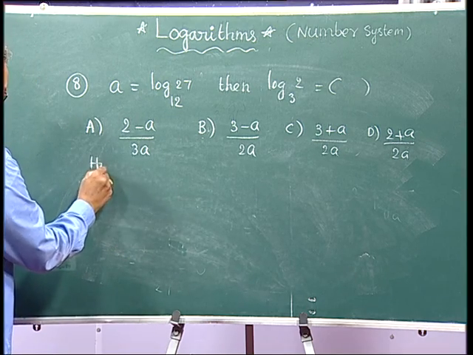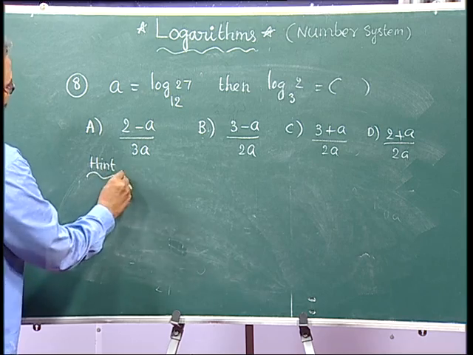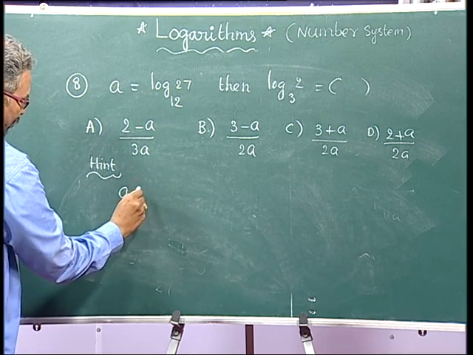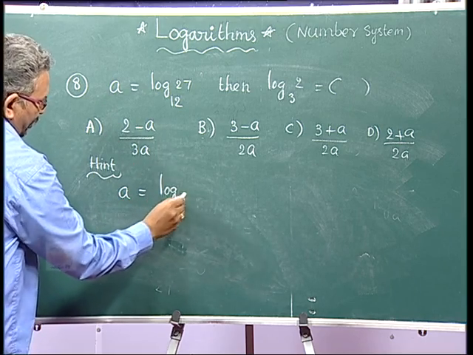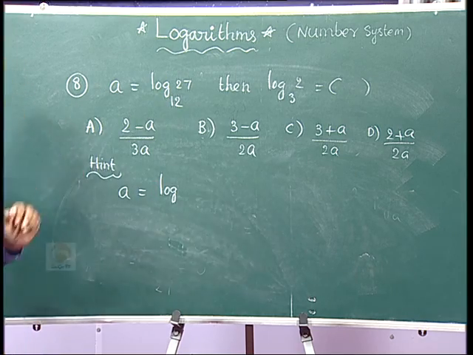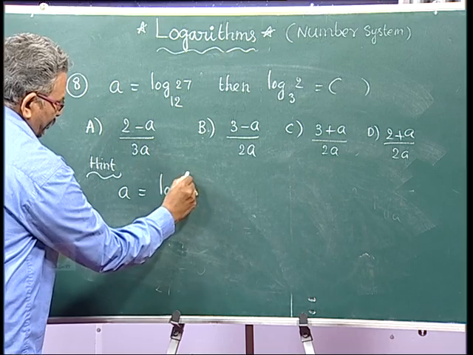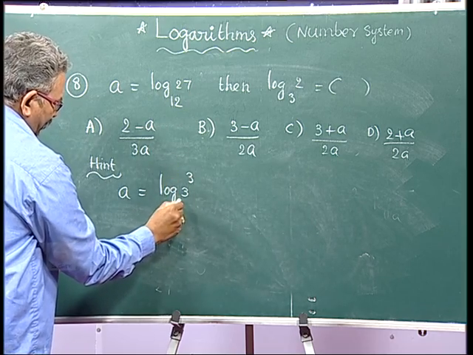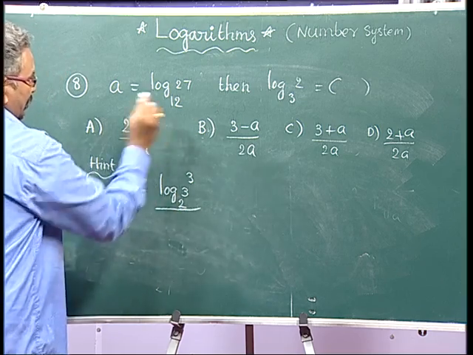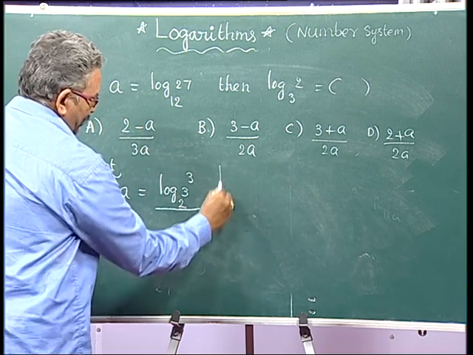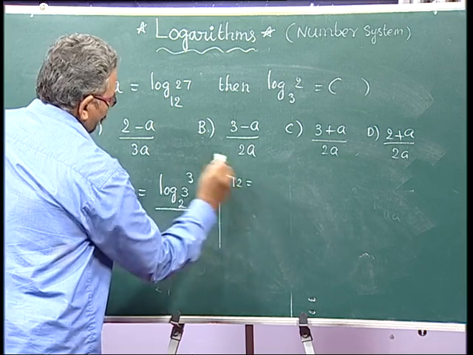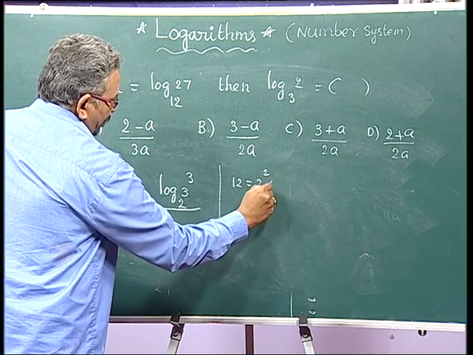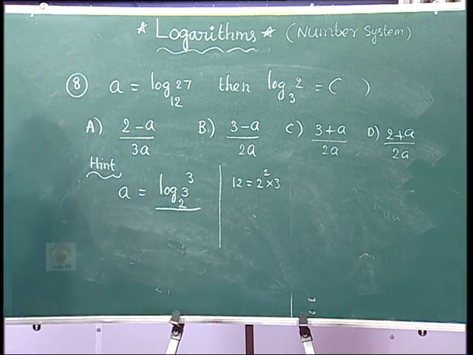Here a is equal to, this 27 can be written as 3 cube, base 2, write down, or base 3, no problem, anything we can write it, base 2. This is 12, we can write 2 square into 3, 4 into 3 is 12.